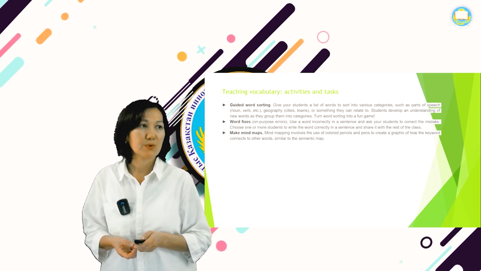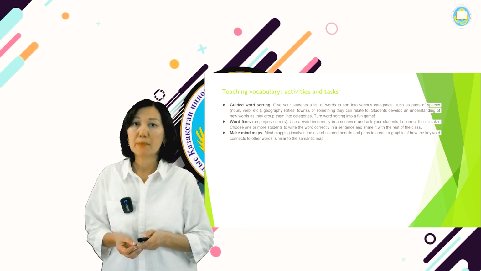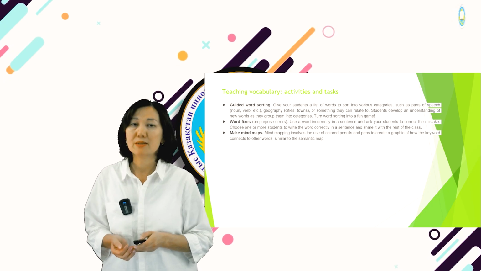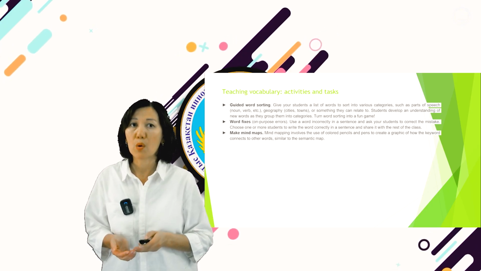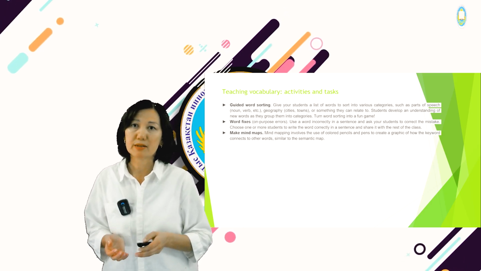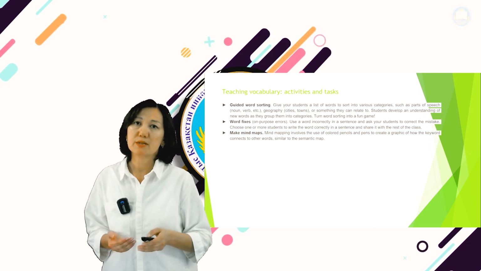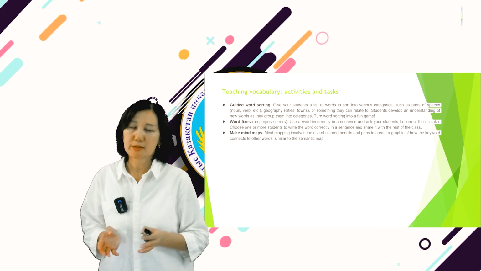And the last one is making mind maps. Mind mapping involves the use of colored pencils and pens to create a graphic on how the words are connected with each other and similar in meaning, so that they can create the semantic map.